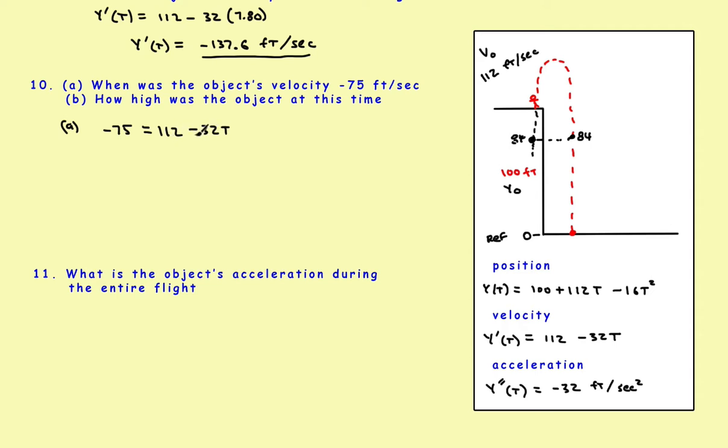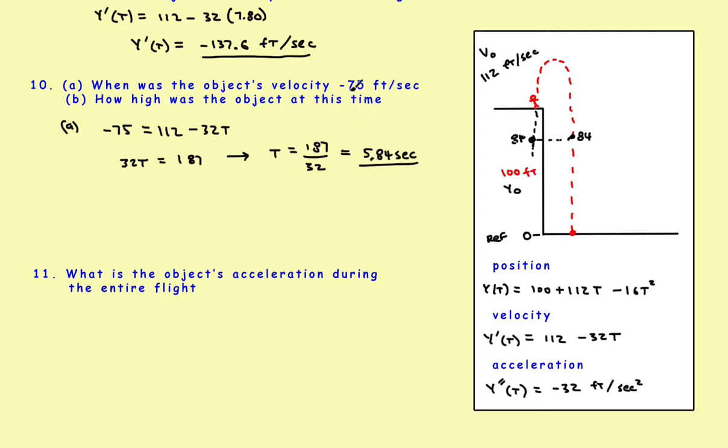Now, if you solve this, 32t would be equal to, if we move things around, 187, which means that t would be equal to 187 divided by 32, and that's going to give you 5.84 seconds.